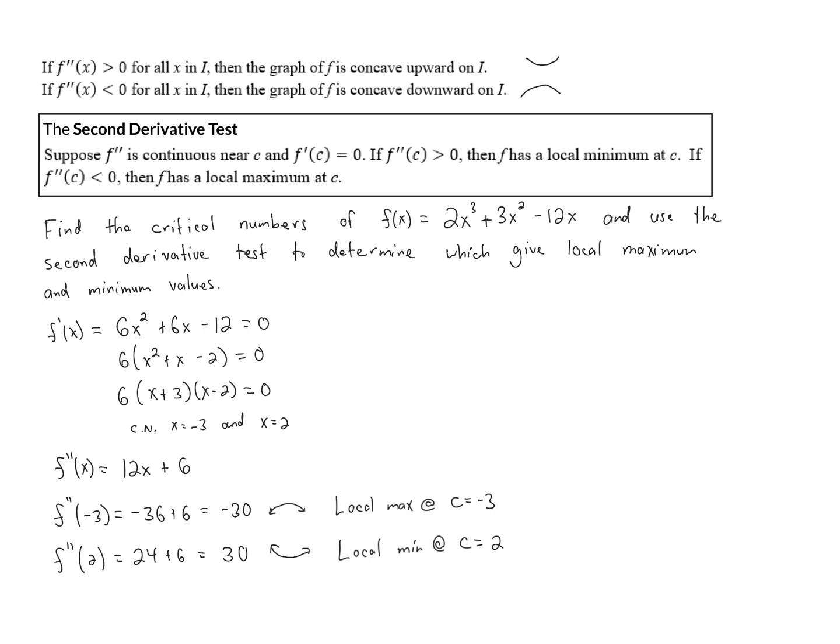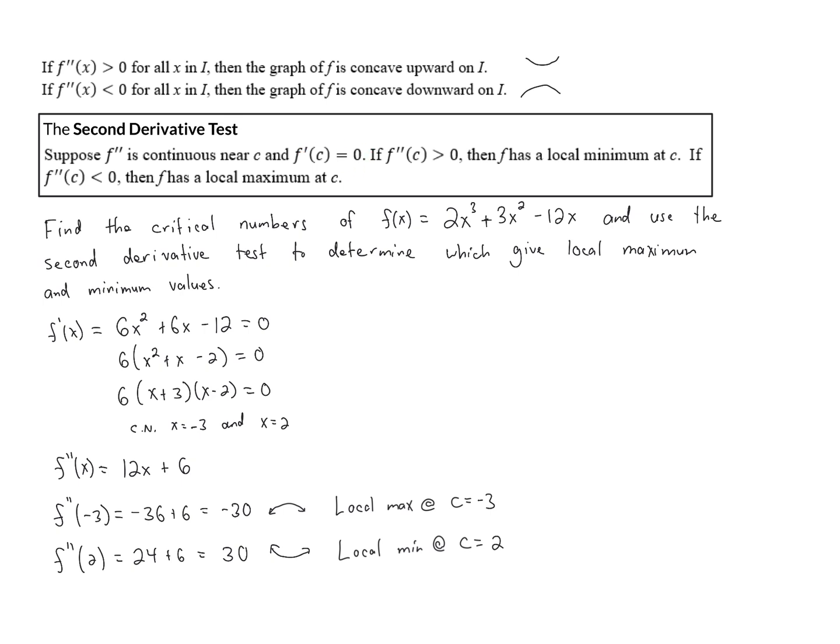But the downside is that it doesn't always work. If the second derivative was 0 for either of these, it would not give us any information. And similarly, if the second derivative was undefined, or even if the first derivative was undefined, again, that would give us no information.